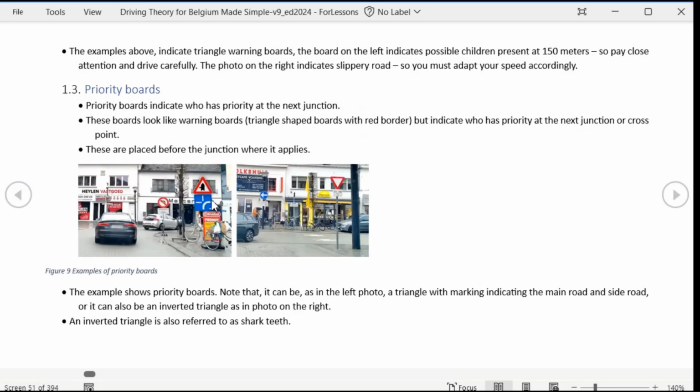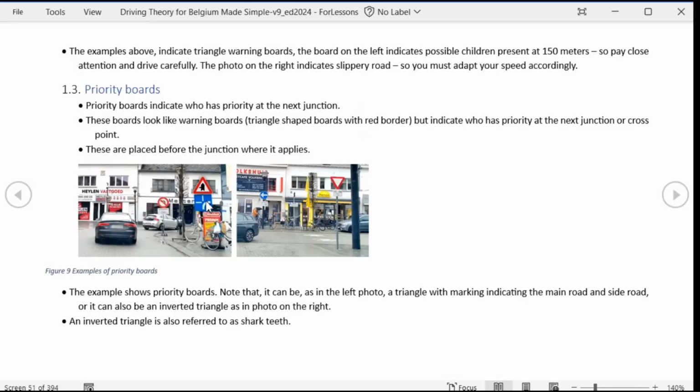Then there can be a blue plate, which will also indicate priority. And these are also priority roads. Again, there is a thick line, which indicates the road that has priority at that junction. And then there are one or more thin lines. Thin lines indicate the roads that don't have priority.